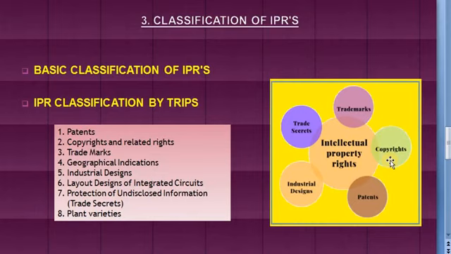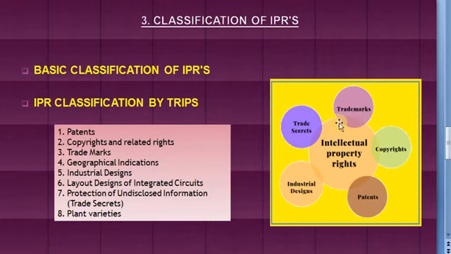Third category is trademarks. A trademark allows its owner to confirm the origin of his goods to the public. Examples of trademarks include the distinctive names of products such as Coca-Cola as a logo or Maruti Suzuki as a symbol.